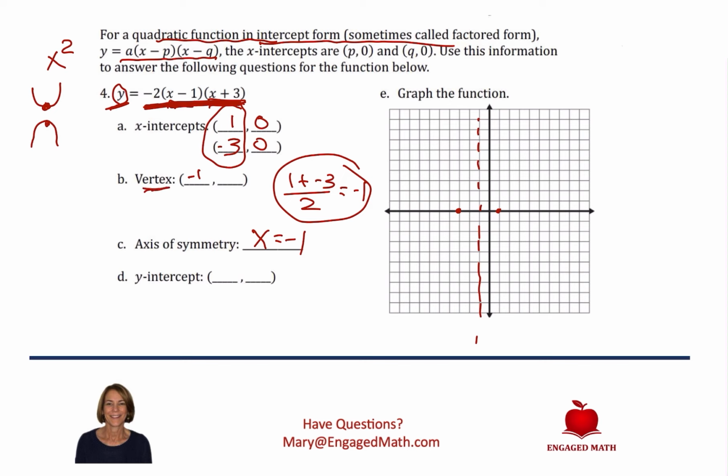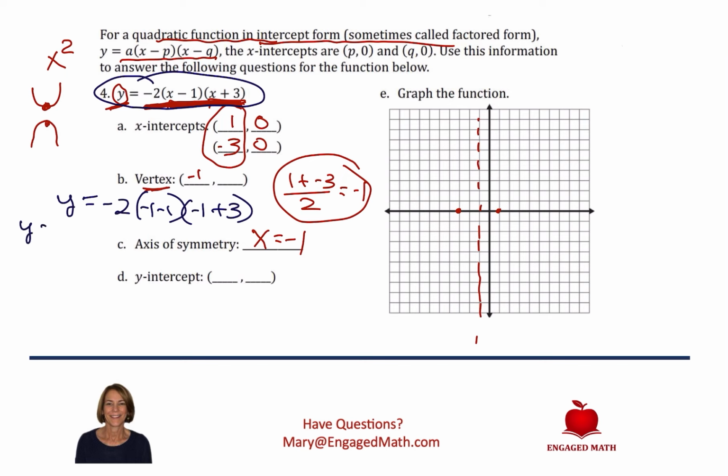Well, the good news is it's not that challenging because we have this awesome formula right here, this equation. And all we have to do now is say, okay, we're looking for y, and we know what x is. So y equals -2 times -1 minus 1 times -1 plus 3. Notice that what I'm doing is putting -1 in for each of the x's.